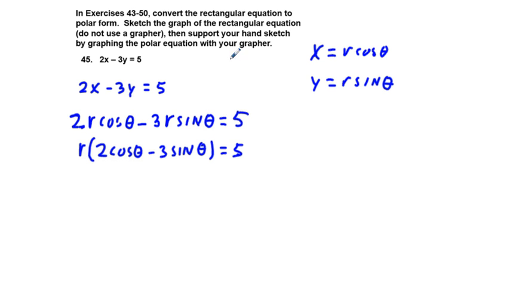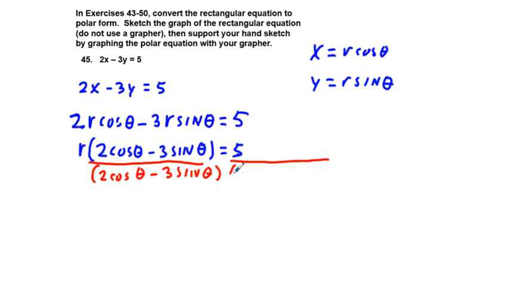We solve for r by dividing both sides of this equation by the quantity 2 cosine theta minus 3 sine theta.